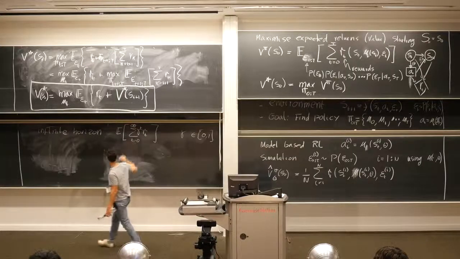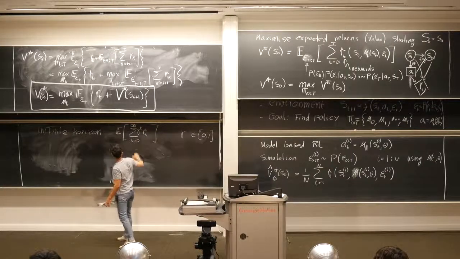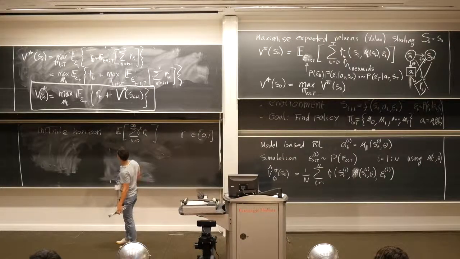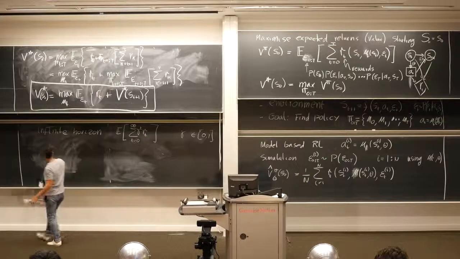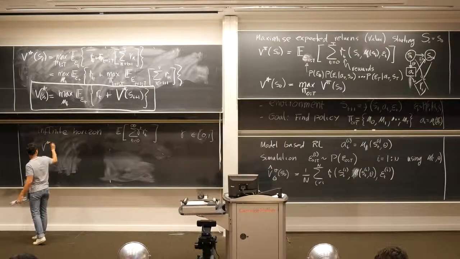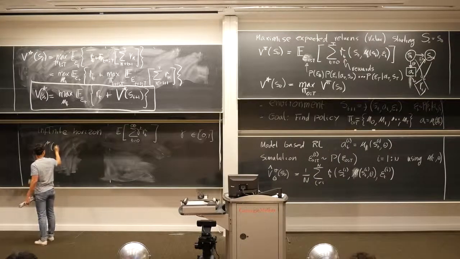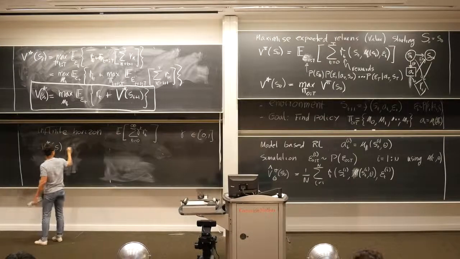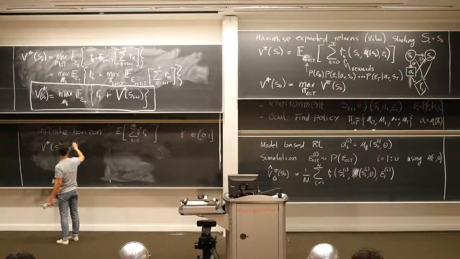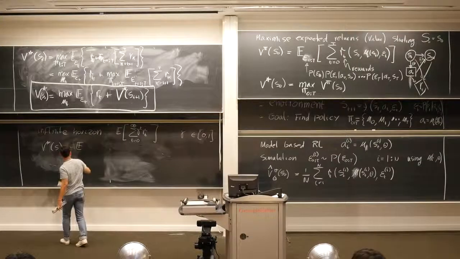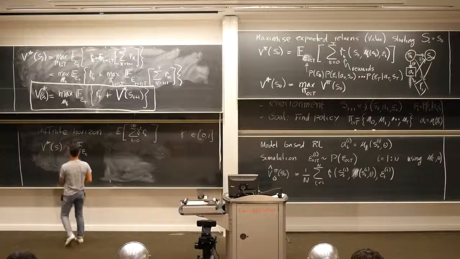Okay, so in the infinite horizon, we often try to maximize the expected sum of future discounted rewards. And in that case, the value function of a state can be written as the expectation, just the same as what we have there over epsilon t.